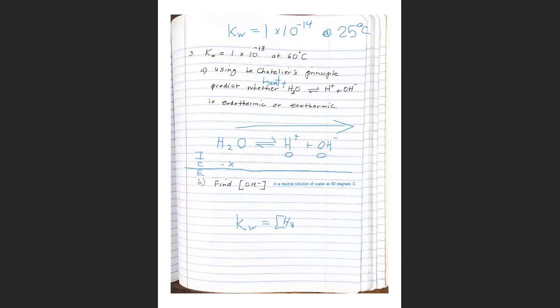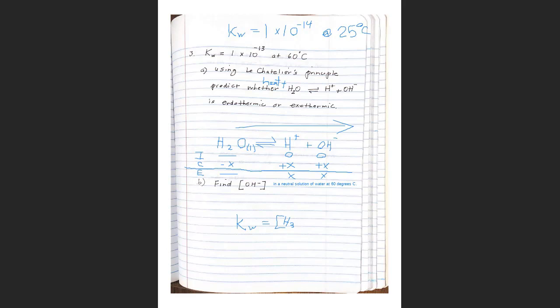We don't actually care about the concentration of the liquid because the concentration is based on the density of water, and that's not going to change. But we do care that the H plus is going to be plus X, and OH minus plus X. Essentially our equilibrium values are X and X.